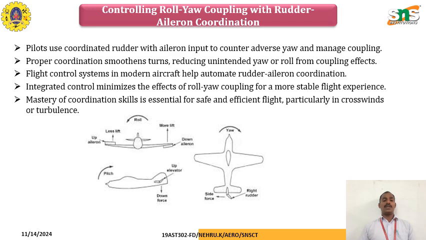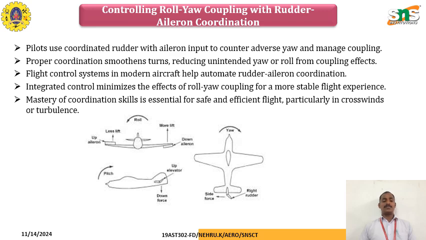So, coming to controlling roll yaw coupling with rudder aileron coordination. Both the rudder and aileron help to control the roll yaw coupling. The pilot can use coordinated rudder with aileron inputs to counter adverse yaw and manage coupling. Proper coordination gives smoother turns, reducing unintended yaw or roll from coupling effects.